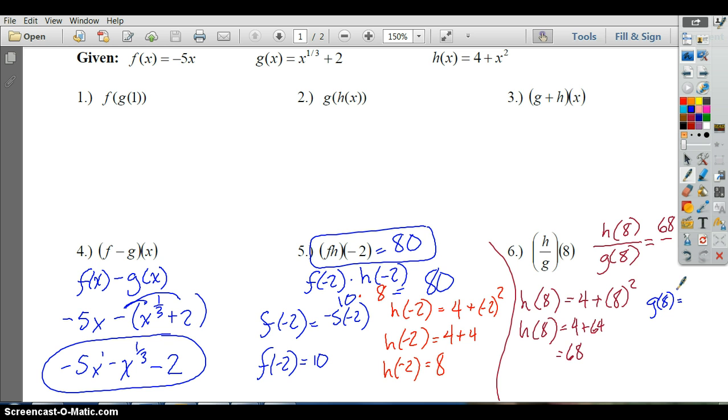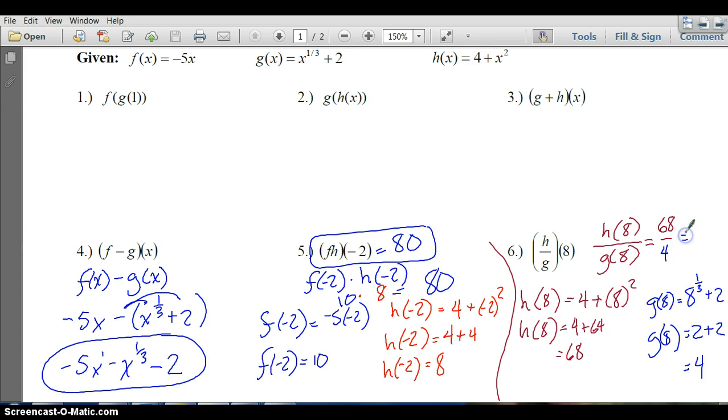G of 8 would be 8 to the 1/3 plus 2. The cube root of 8 is 2. 2 plus 2 is 4. So really I'm doing 68 divided by 4. 4 goes into 6 once with a remainder of 2. 4 goes into 28 seven times. So 17 is your final answer for number 6.